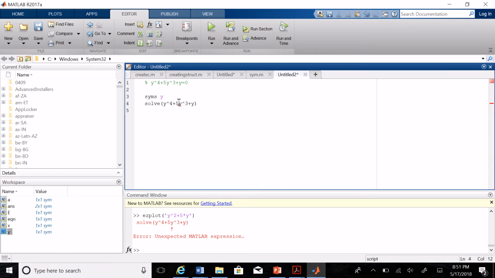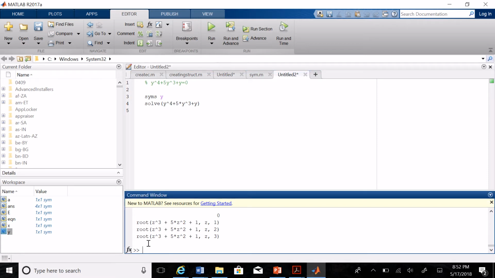As you see, the answers are again symbols. Matlab tells me to take the root. Your answer is root of z power of 3, which is the same as y, plus 5 times the variable power of 2 plus 1, when my variable is z. So if I want to get the answer, since these are again symbols, you type double of root of that.